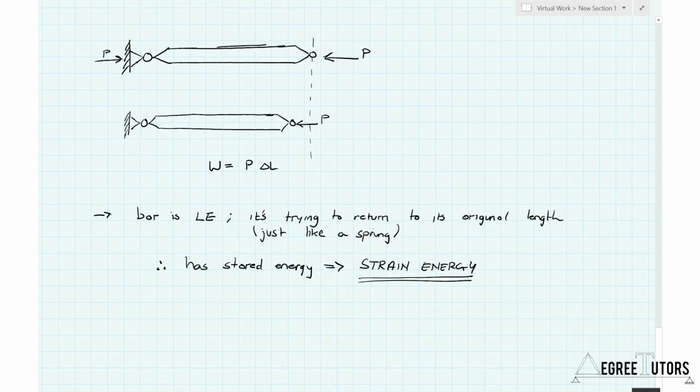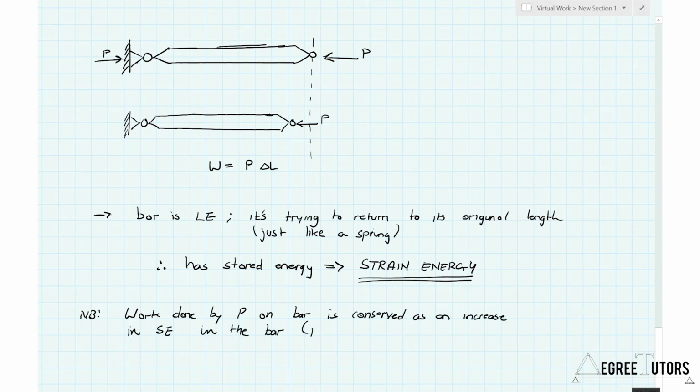All right, so let's again throw that into work energy terms. So we would say work done by P on the bar is conserved as an increase in strain energy in the bar, just like our spring.